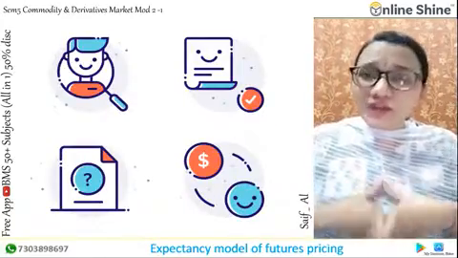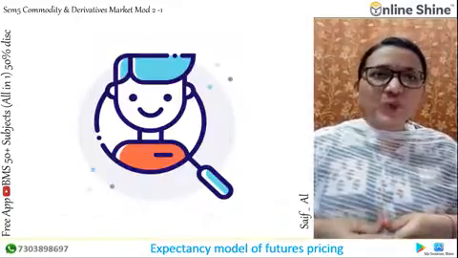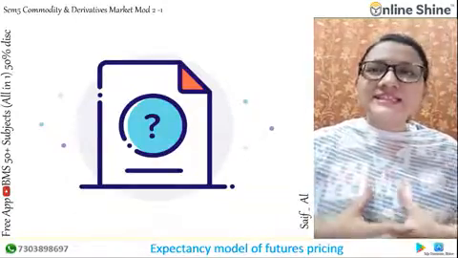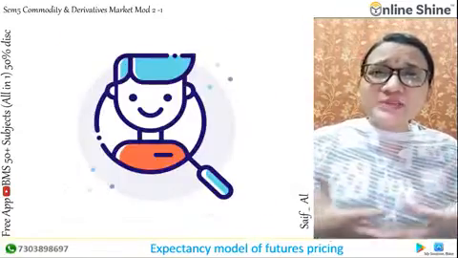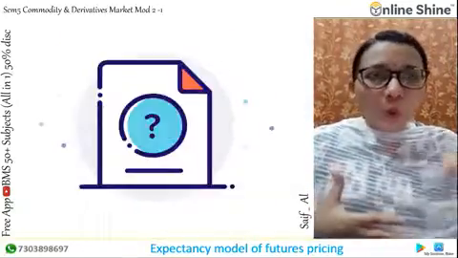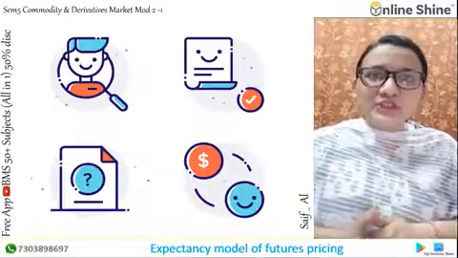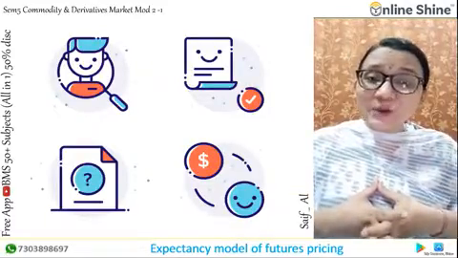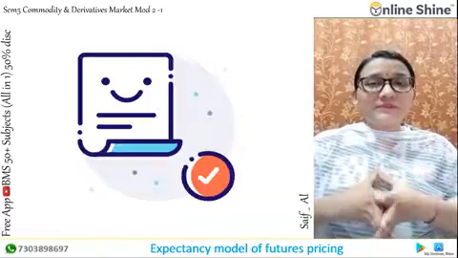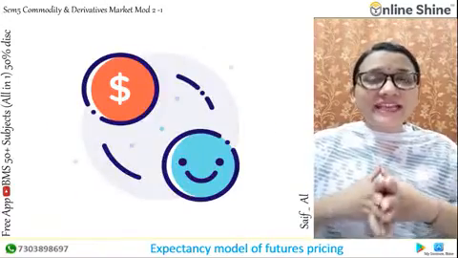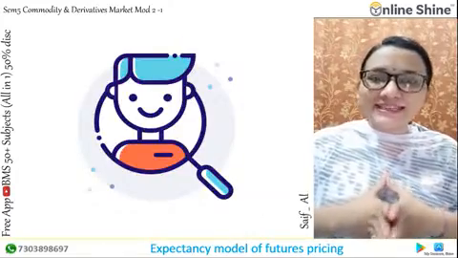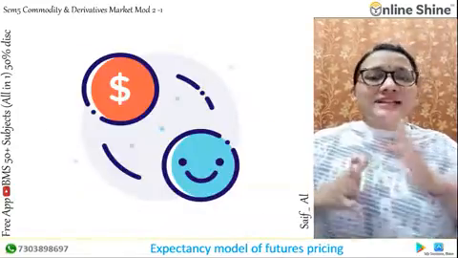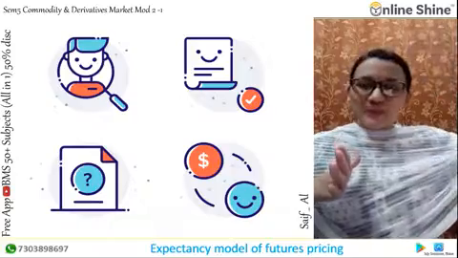Now, if the future price is higher than the spot price of an underlying asset, market participants may expect the spot price to go up in the near future. So it is the Contango market, which I have already discussed with you. The Contango market means where the future market is higher than the spot market. The curve is upward sloping.